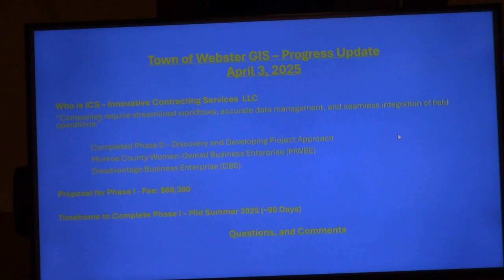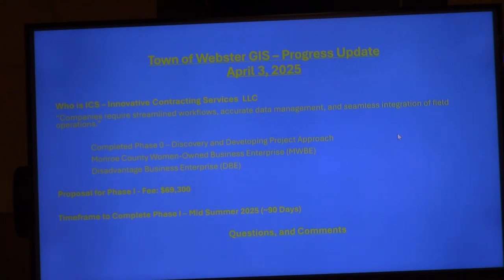We feel that we will have a completed phase 1 by midsummer. All said and done, there's around 90 days of actual work, but midsummer is longer than that.